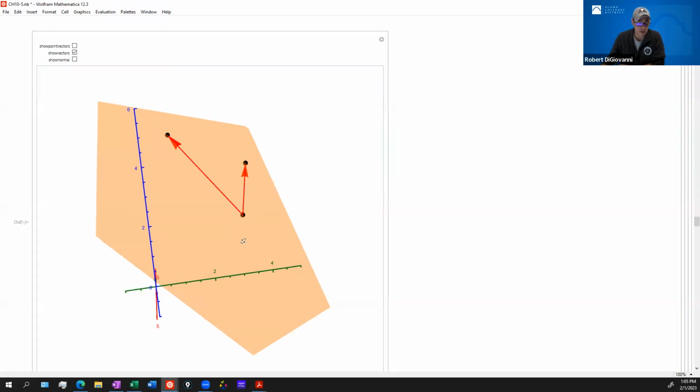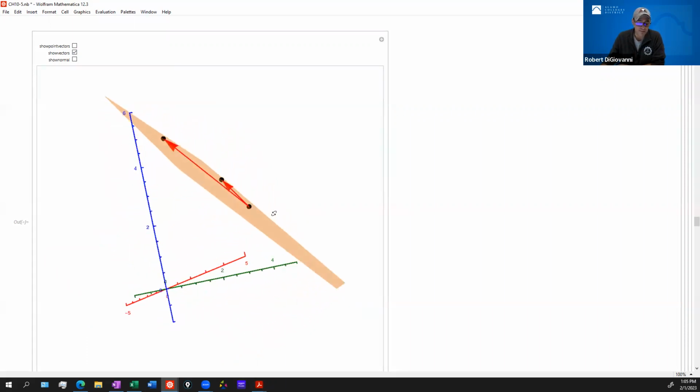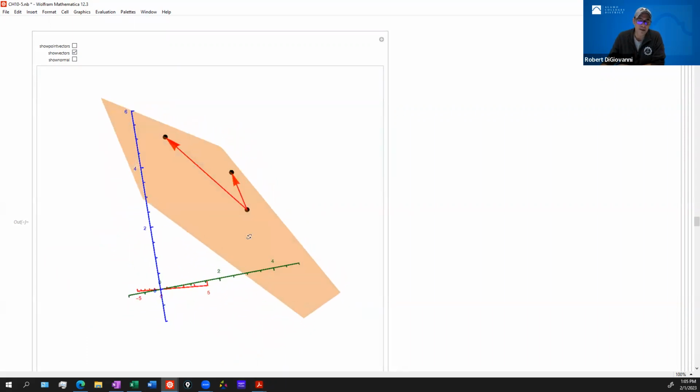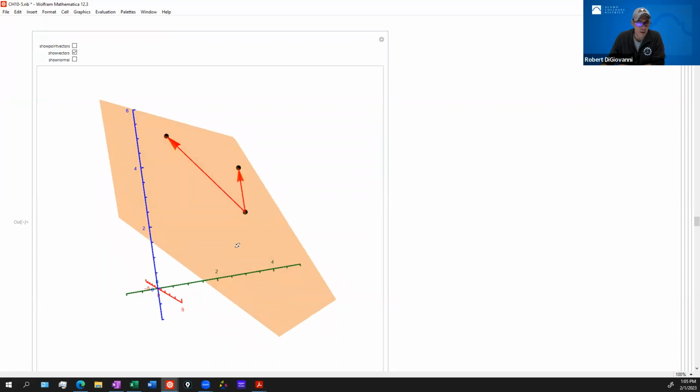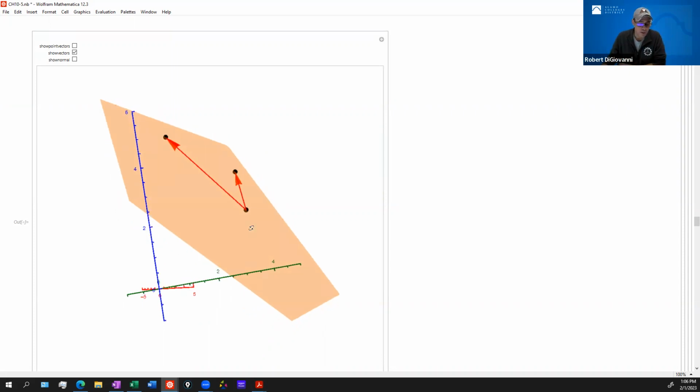Both of those vectors would be considered to be parallel to the plane because they lie within the plane, right? So vectors that live on the surface of a plane are parallel to that plane. So both of those vectors are parallel to this plane.